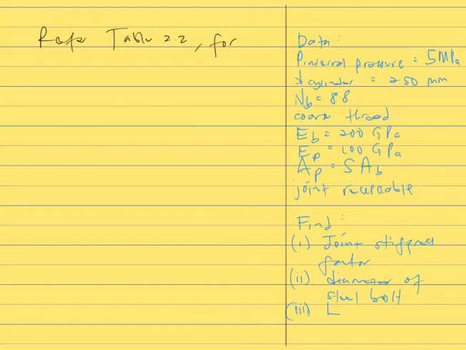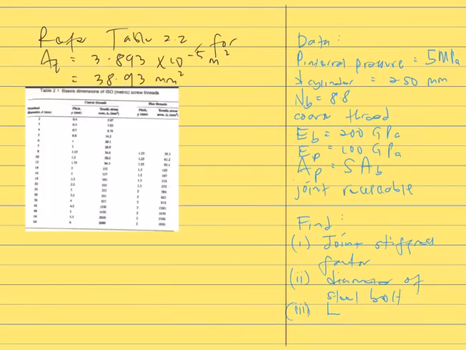The value for At is 3.893 times 10 to the negative 5 meter squared, which is 38.93 millimeter squared.